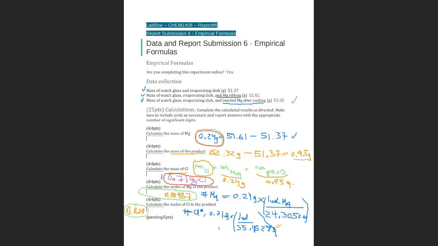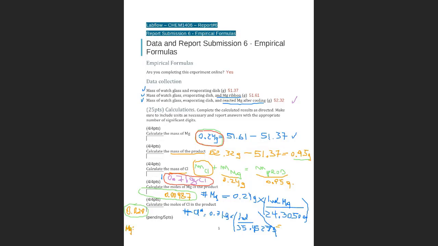And obviously, the smallest number is 0.00987. So what am I going to do? I will do it for magnesium first. I'm trying to find the subscript for magnesium.